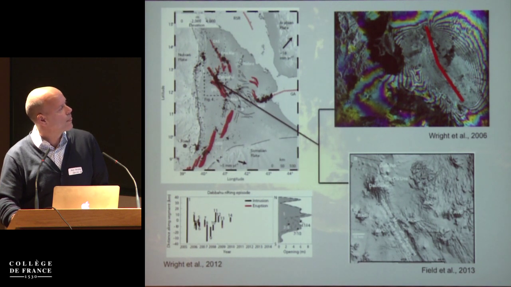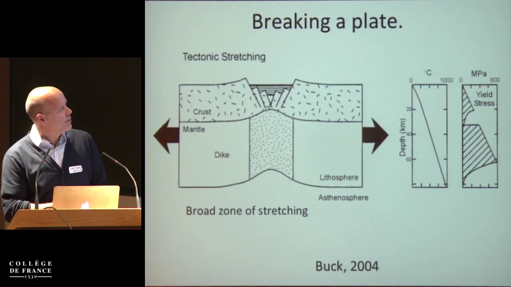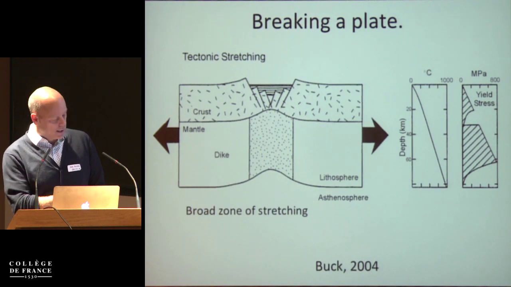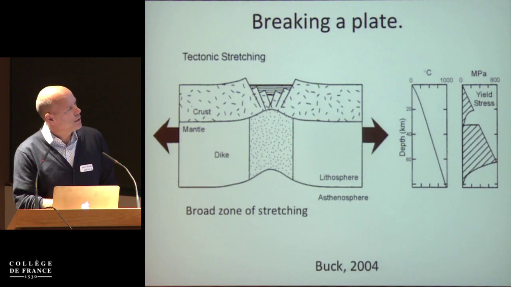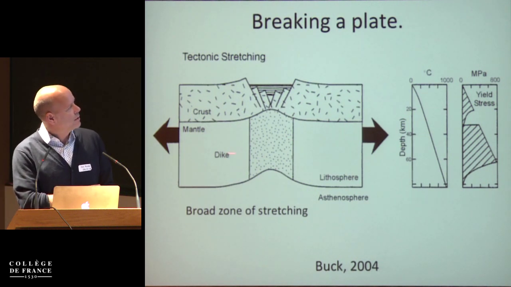So here's a picture from a paper that's almost 10 years old now by Roger Buck, and it shows a conventional idea of continental rifting. In response to either some distant forces or forces beneath, you get a broad zone of stretching.